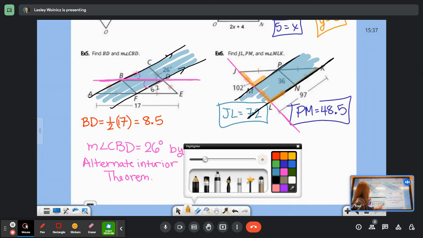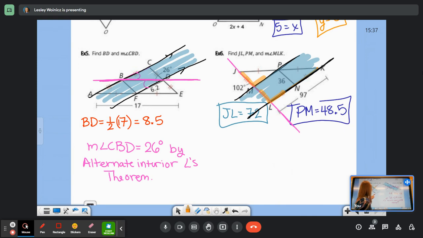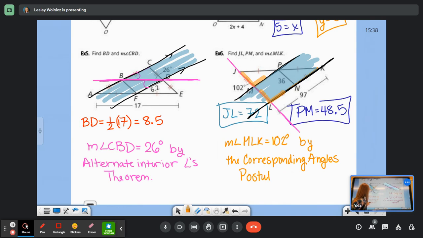They're corresponding and they're congruent. So the measure of angle MLK is 102 degrees. And we know that by the corresponding angles postulate. Okay, that's the end.